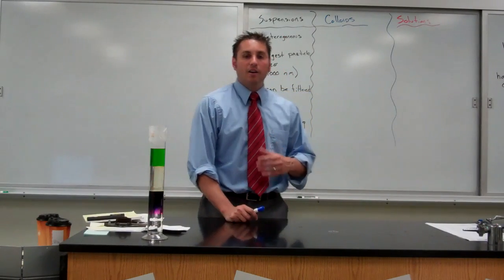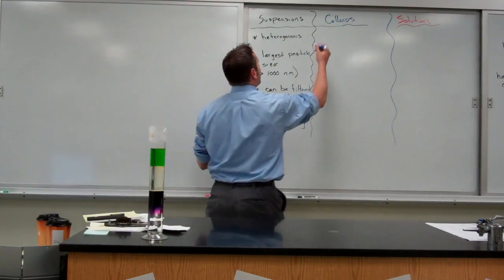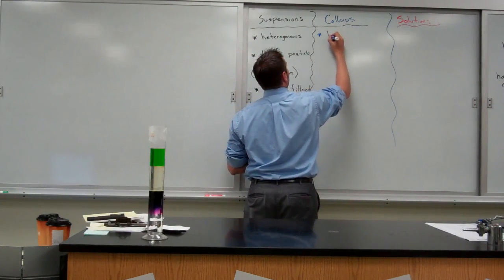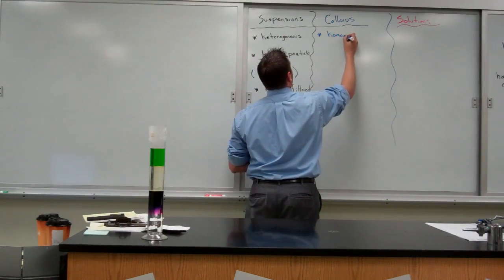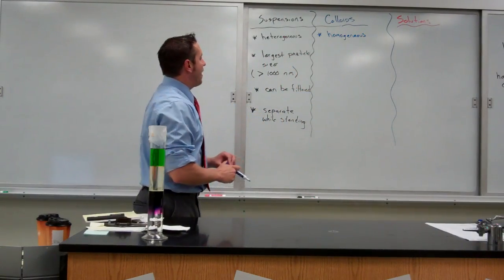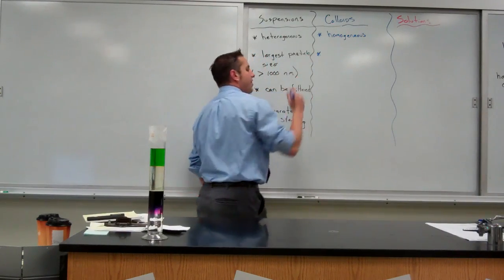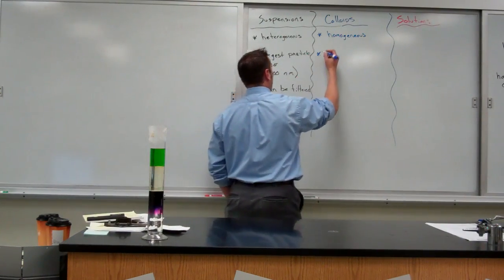Second category of mixtures that we're going to look at are colloids. And colloids are homogeneous. They have uniform composition. They have medium-sized particles.